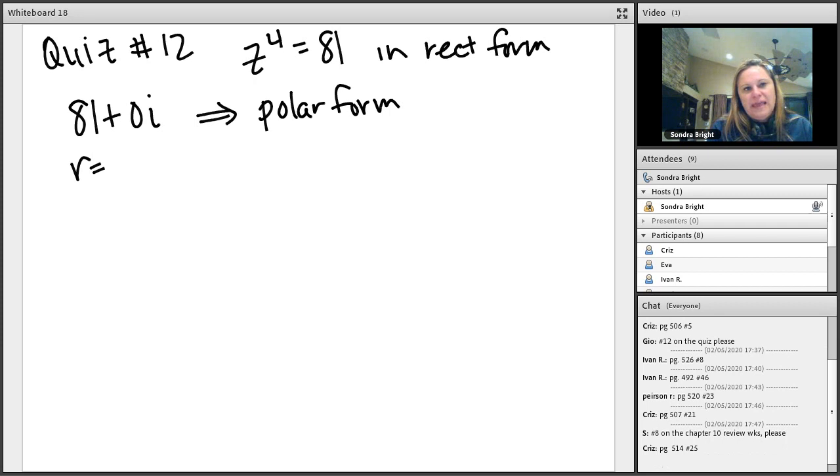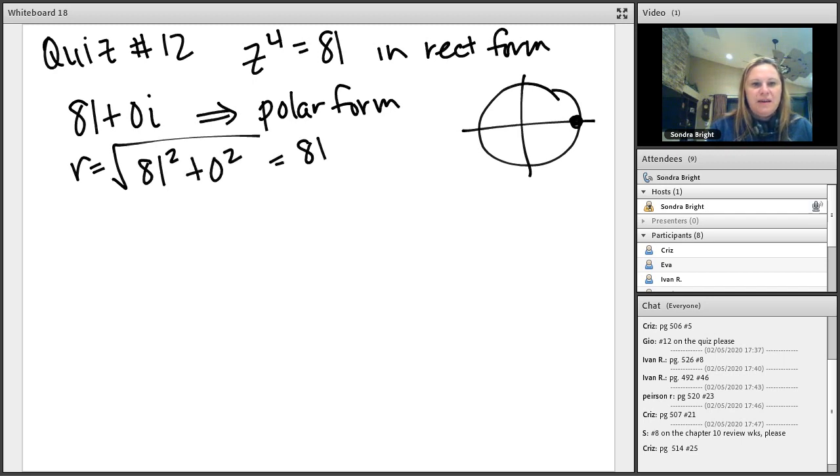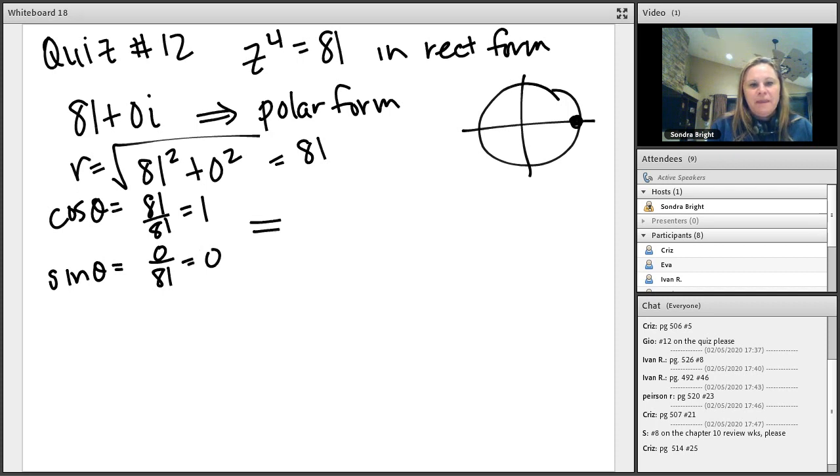If that's 81, then there's your point right there. But your r, showing you all the work, is the square root of 81 squared plus 0 squared, which ends up giving you 81. Cosine of your angle will be x over r, so 81 over 81, which is 1. And then sine of your angle will be y over r, so 0 over 81, which is 0. And putting those two together, your theta is 0.